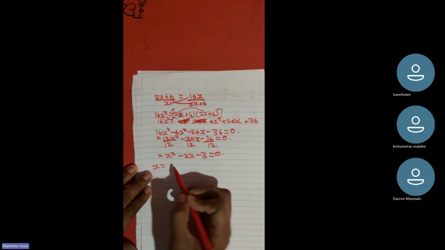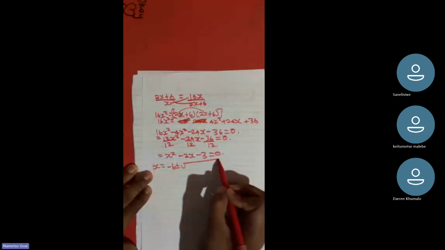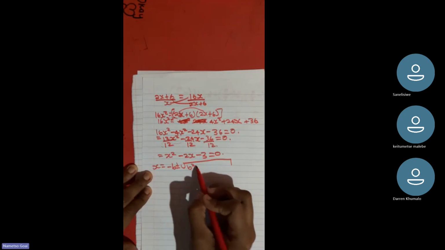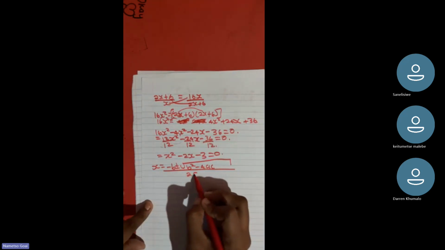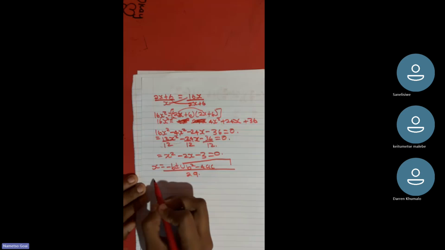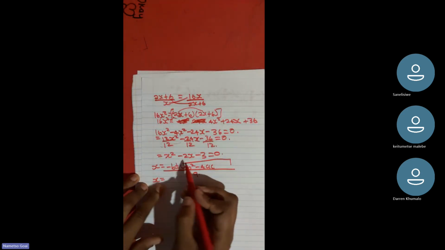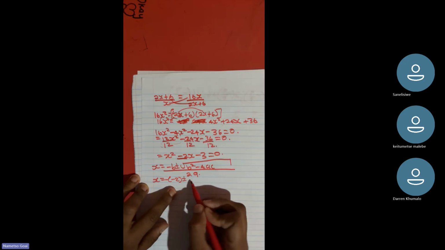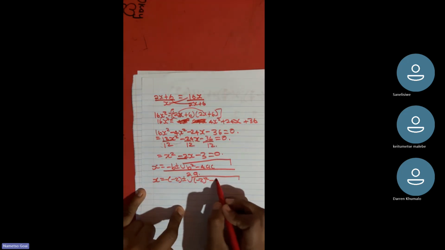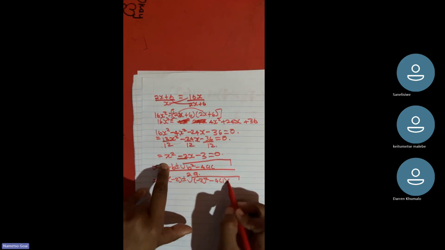Now, from this point, it is easier to work with. You can just say x equals negative b plus minus root b squared minus 4ac, all divided by 2a, right? What is our b? Negative 2. What is our a? 1. What is our c? Minus 3.